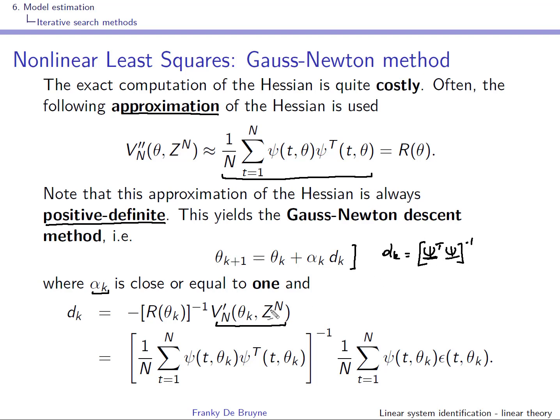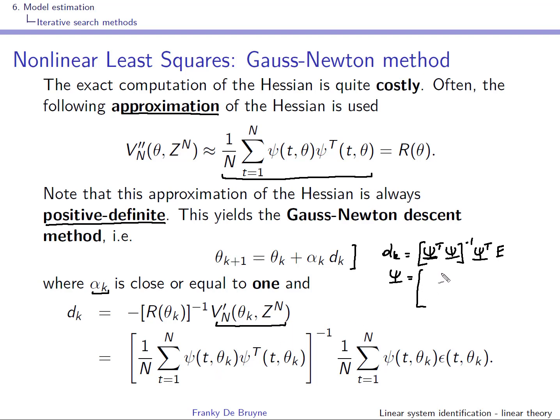This psi matrix is constructed from these psi over here, then psi transposed, and then E. Remember that psi is the gradient of the one step ahead prediction y hat with respect to theta.